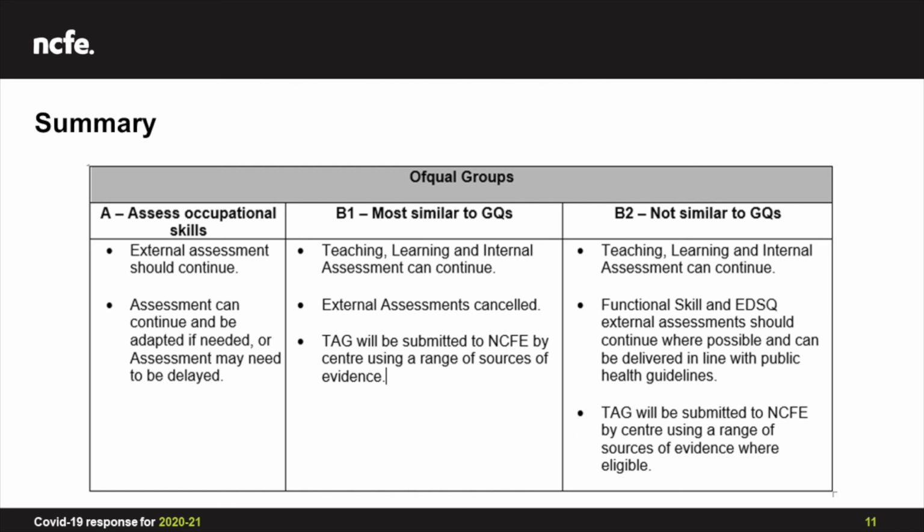This refers to those qualifications that are unlike general qualifications. In this category, teaching, learning and internal assessment should continue. Functional skills and EDSQ external assessments should continue where possible and can be delivered in line with public health guidelines. TAGs will be submitted to NCFE by a centre using a range of sources of evidence where eligible.